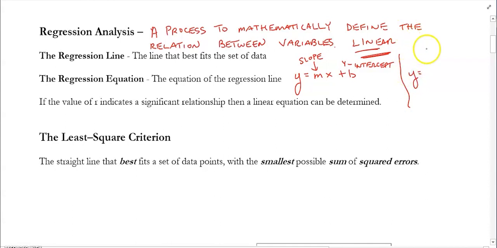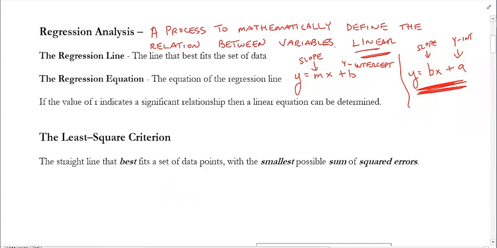Our calculator, when it looks at our data, it's going to have the value b, which stands for the slope, and a plus a, and that's your y-intercept. That's the way the BA2 plus calculator works. So make sure that you commit that to memory.